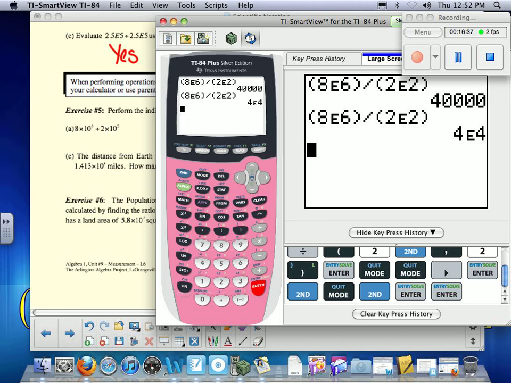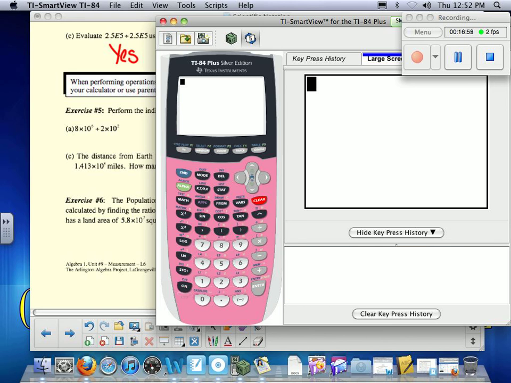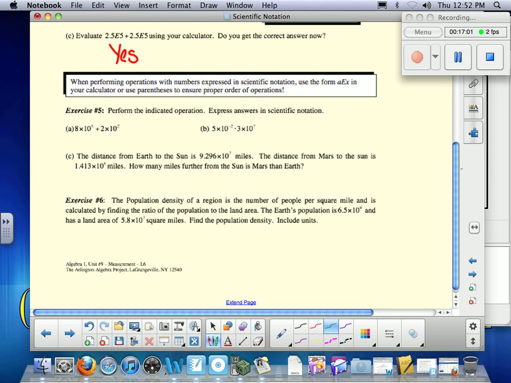Well, couldn't you just do that one yourself? Yes, once you got the 40,000 answer, I hope you could rewrite it in scientific notation on your own, yes. But just in case you were feeling lazy or whatever. This is letter A. It'll work with multiplication as well.